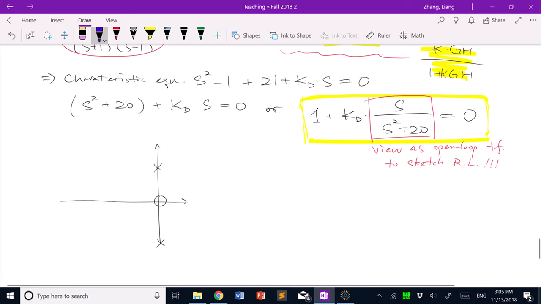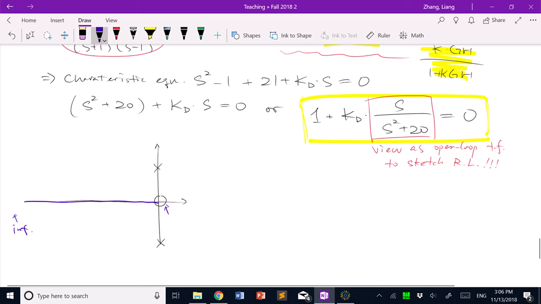What can be done is find the segments on the real axis that are on the root locus, and this entire part will be part of it. Okay? And what you are doing is connecting a zero with infinity on this root locus. And here you have a pair of pure imaginary poles.